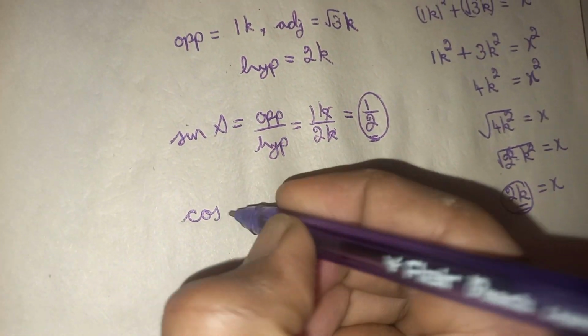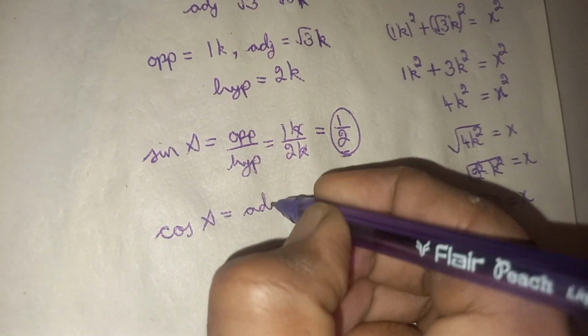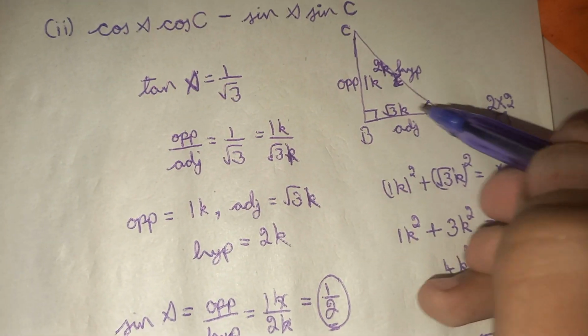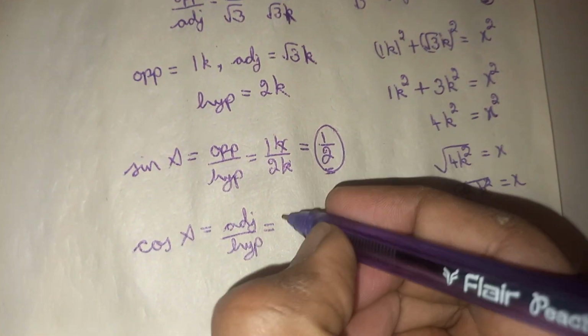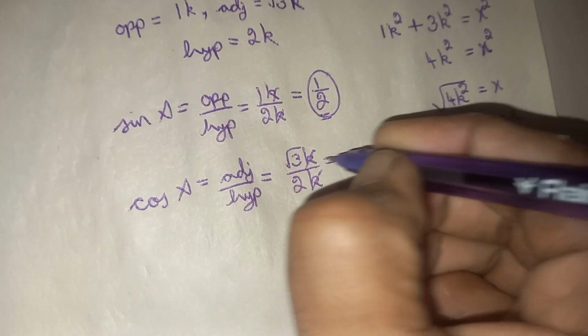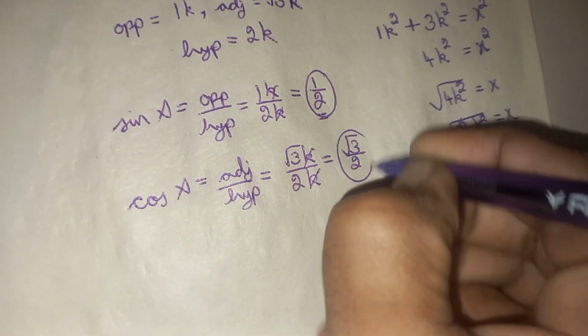Cos A is adjacent by hypotenuse, root 3k by 2k, which becomes root 3 by 2.